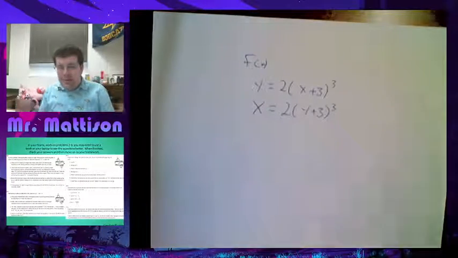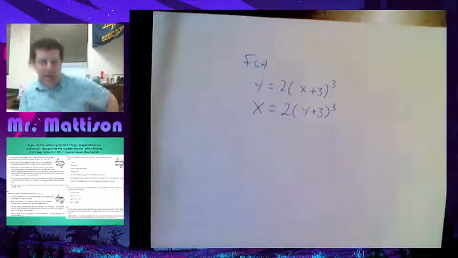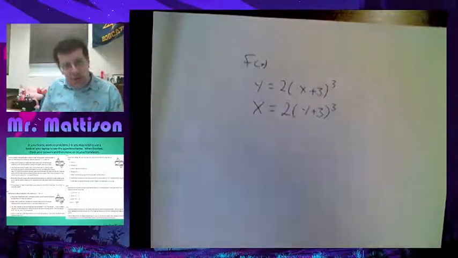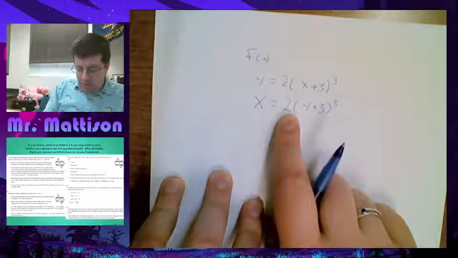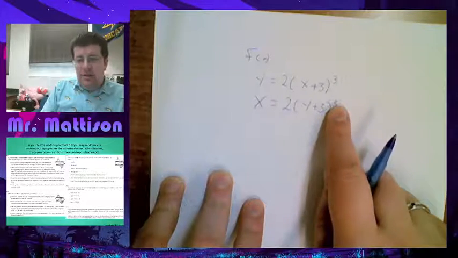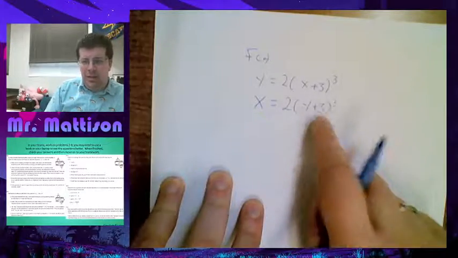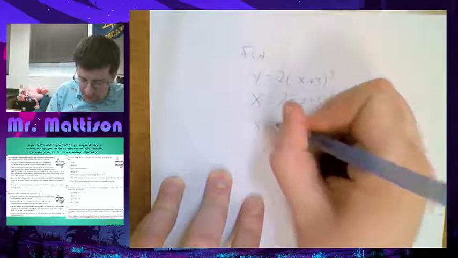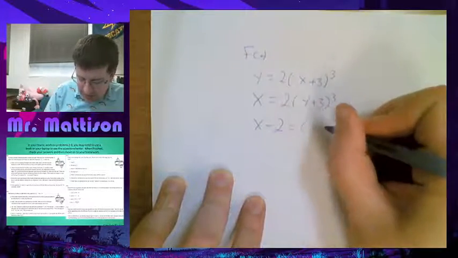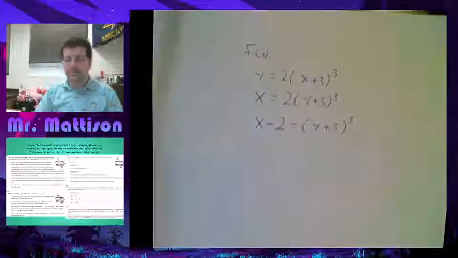Okay. So at this point, it's just a basic algebra problem. You're just trying to get y by itself now, right? So you know how to do all of these steps. Just go through the process, right? So what do I do with this 2, this 3, or this 3 first? It's going to be the 2 because this is being multiplied, and I have to get rid of that before I can start to deal with this stuff here. So I'm going to subtract 2. So x minus 2 equals y plus 3 cubed, right?